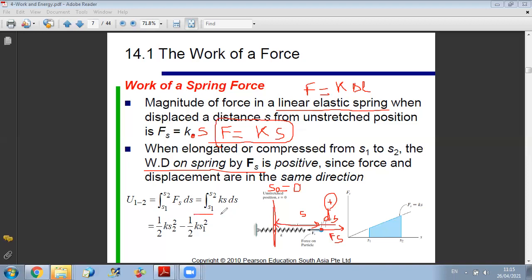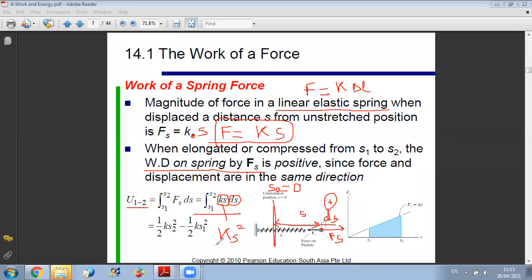Then I go back to the definition. The work of a spring is given by the elementary work, which is the force Ks times the displacement ds. Now I will integrate between state 1 and state 2. Therefore, by integration, the integral of Ks is Ks squared over 2.